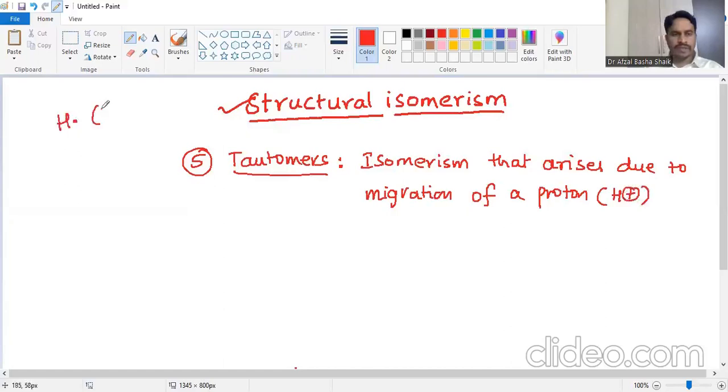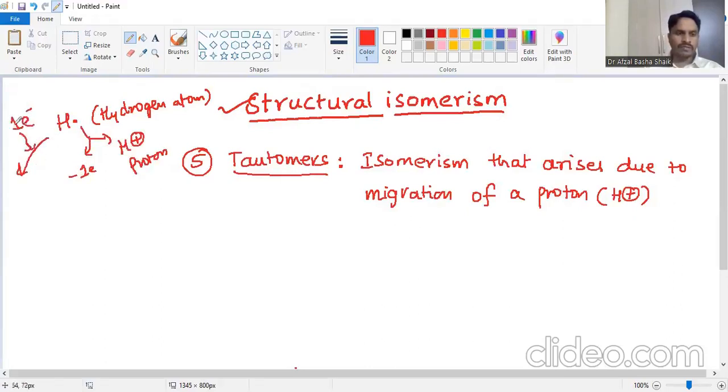Whenever you take a hydrogen atom, it has 1 electron. If it loses 1 electron, then it will become a proton. Similarly, if it gains 1 electron, then it will become a negatively charged species, which is called a hydride ion.